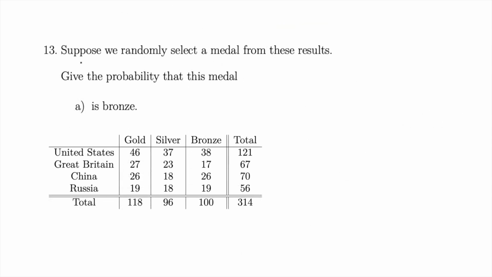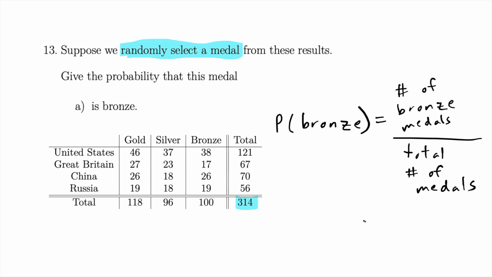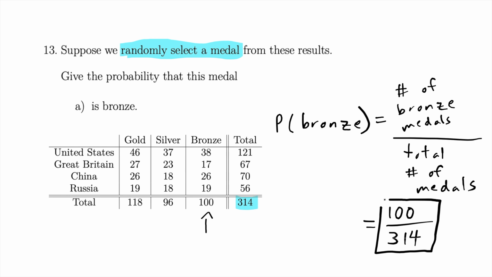So now in part 13, we want the probability that if we randomly pick one, that ends up being bronze. So there are 100 total bronze medals out of the grand total of 314 medals. This is the probability of getting a bronze medal. You could turn it into a decimal or a percentage if you want. I'm just going to leave it like this.